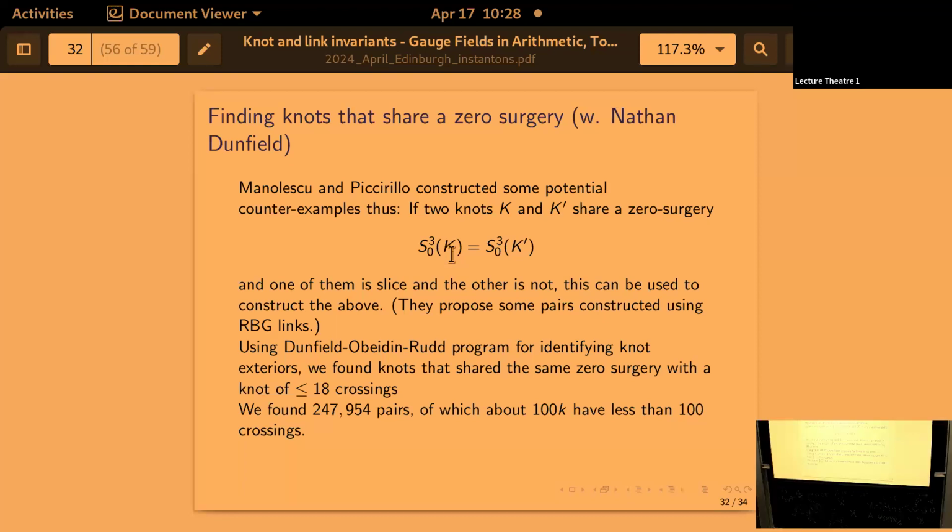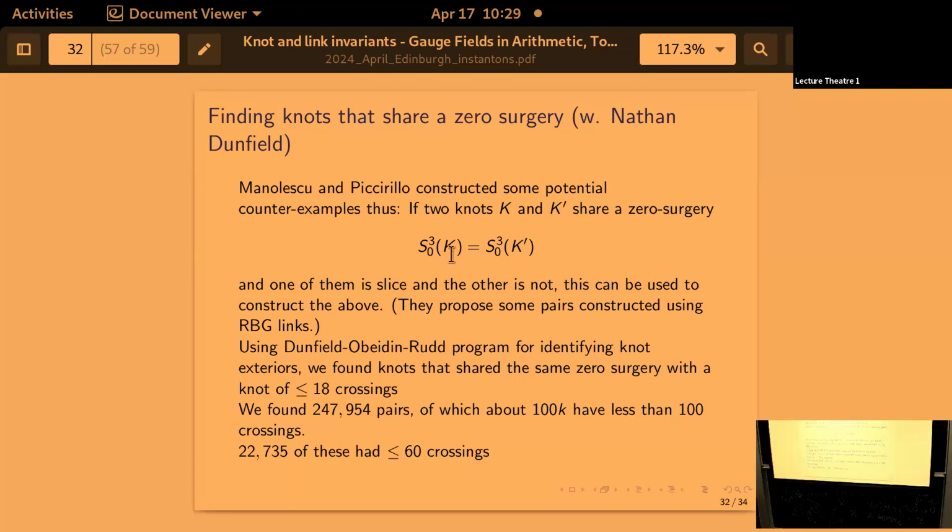For most of these pairs we found, the other knot was too large to even consider this approach, but we did have some 20,000 pairs where the other knot also had less than or equal to 60 crossings, which is in the range where you can compute things.